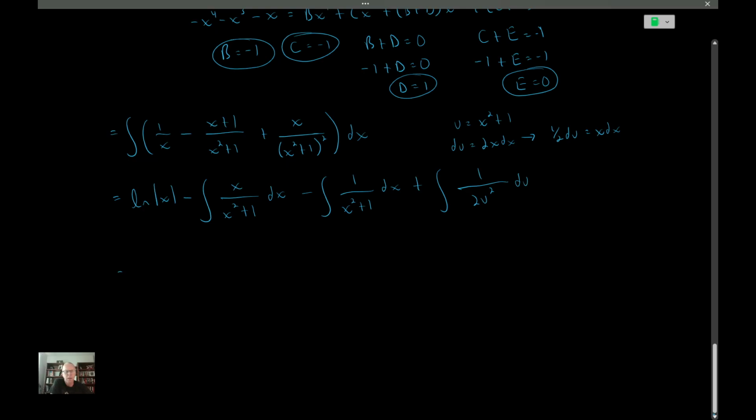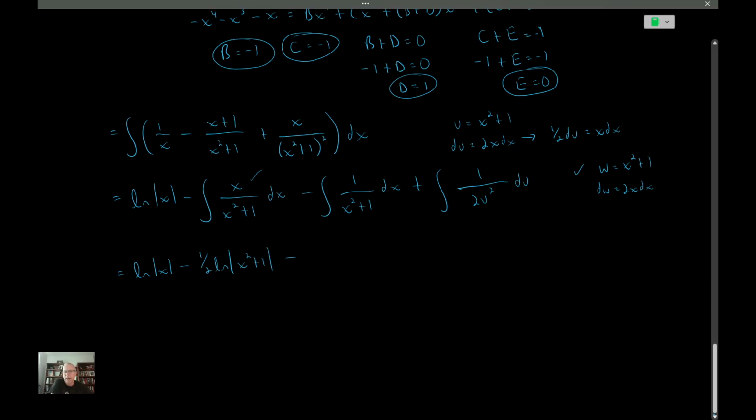Okay. So we have ln of absolute value of x. And I guess we could do a u substitution here as well. So for this one, we have w equals x squared plus 1, dw equals 2x dx. So this would be the integral of 1 over 2w. So this will be 1/2 ln of x squared plus 1.